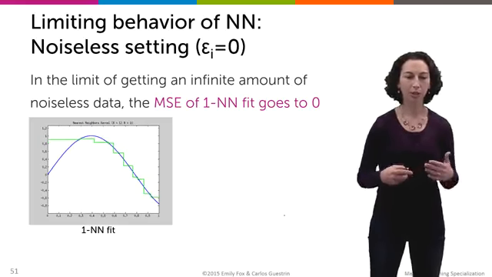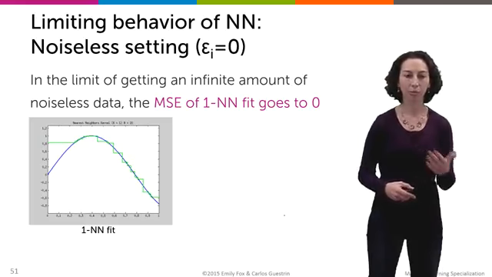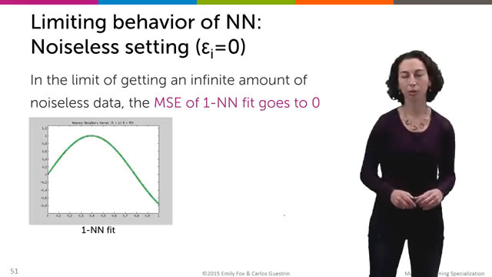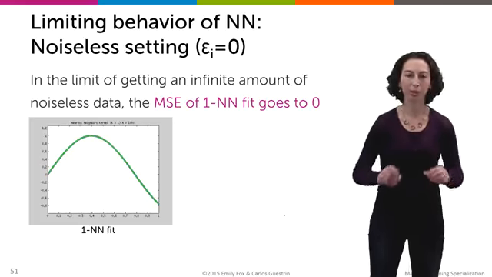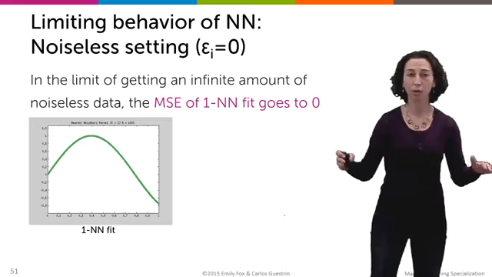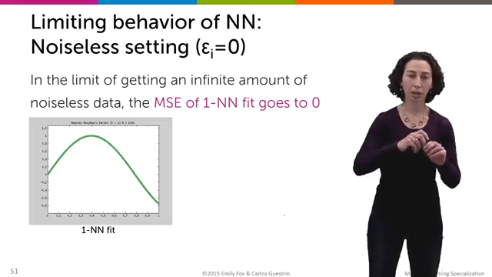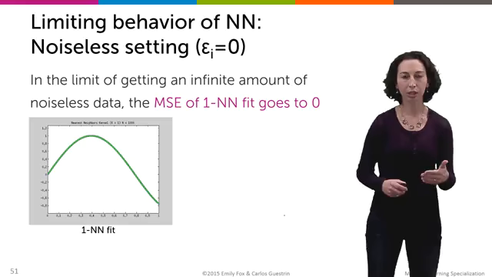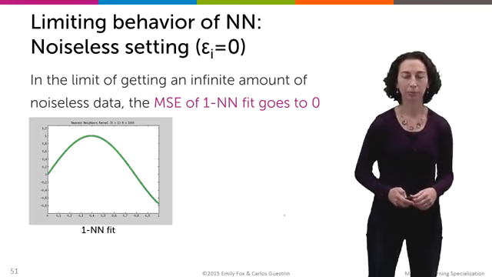Here's our fit changing as we get more and more data, and what you see is that it's getting closer and closer to the true function. Hopefully you can believe that in the limit of getting an infinite number of observations spread over our input space, this nearest neighbor fit is going to lie exactly on top of the true function, and that's true for all possible data sets of infinite number of observations that we would get.